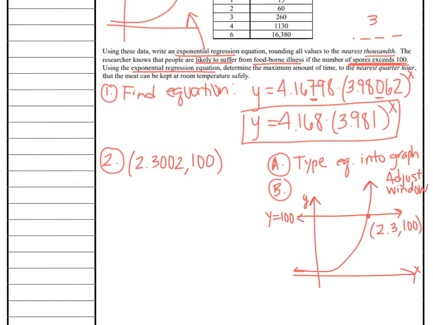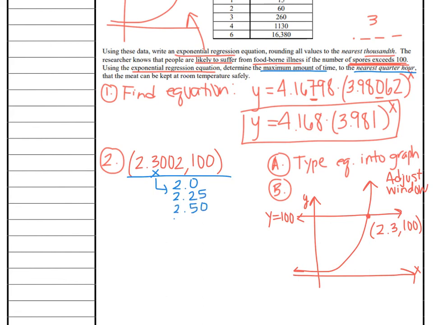Okay, so I have listed here for number 2, here's our point of intersection where they met. And so it says specifically, using the exponential, determine the maximum amount of time to the nearest quarter hour. So quarter hour, so our x variables are hours. So we've got to think about, is it closest to which quarter hour? It's either going to be 2.0, 2.25 is a quarter hour, and then going up to the next quarter hour is 2.50.